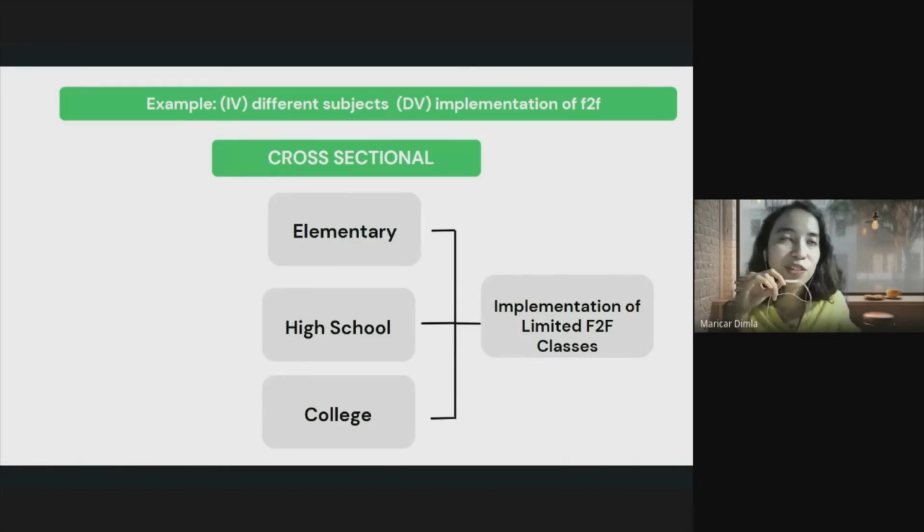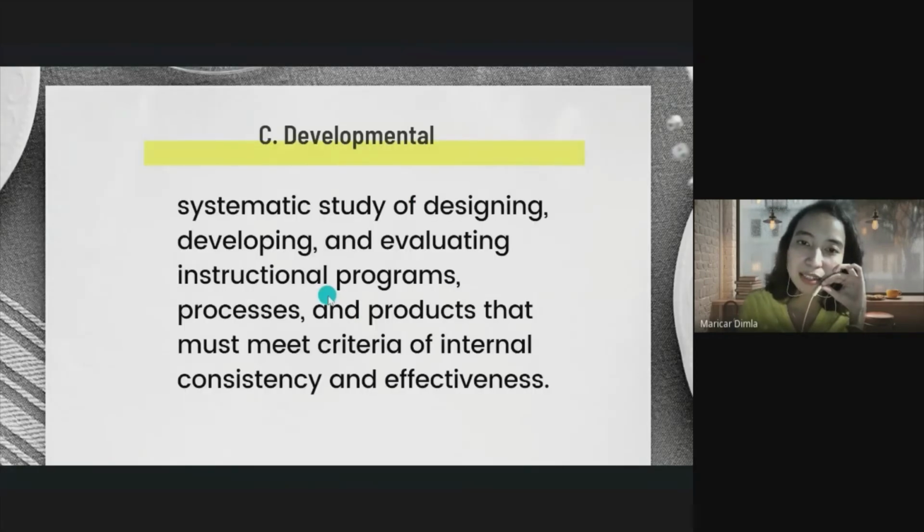Ayun ha. If you just see the beauty of research, maiintindihan nyo bakit. Alright? So class, last na to. Okay, under the non-experimental, under the descriptive, we have the developmental.